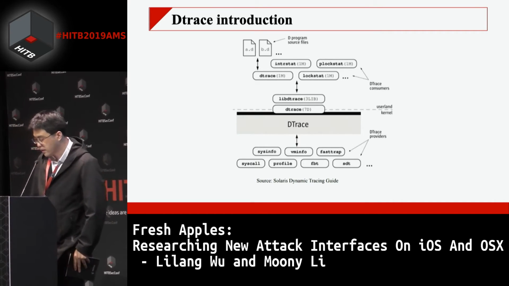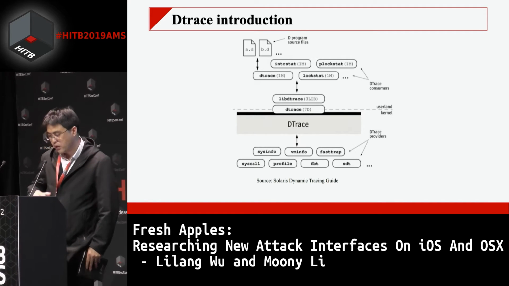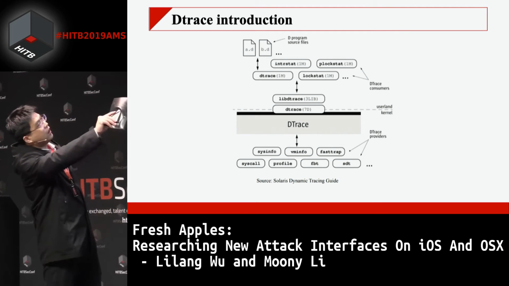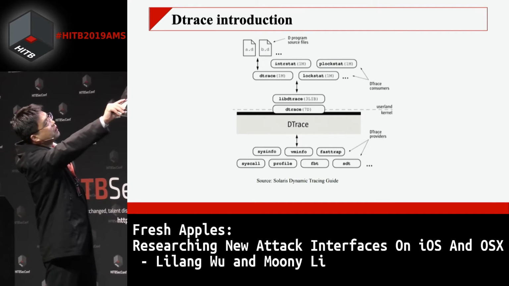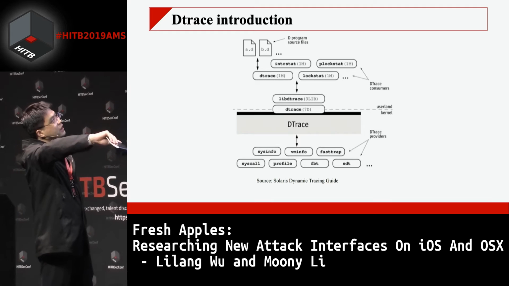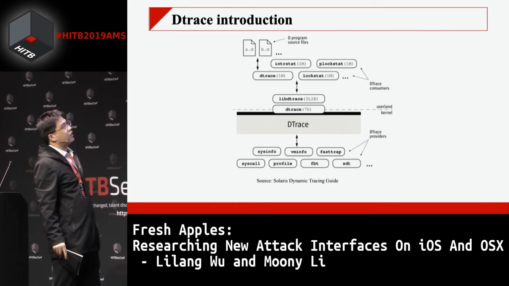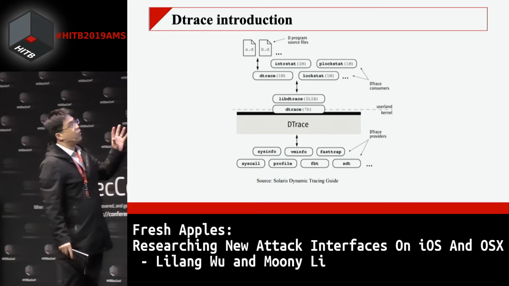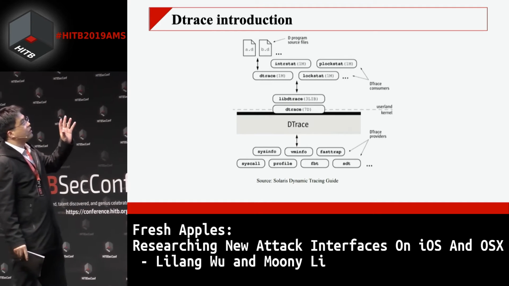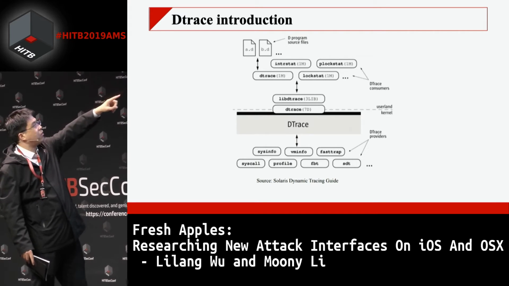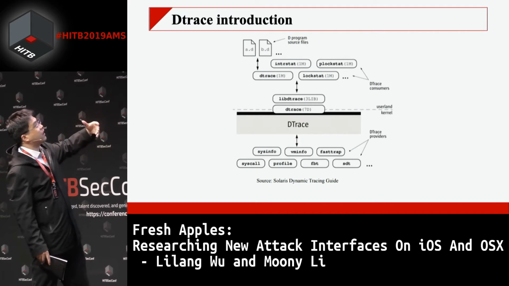As you can see from the architecture above, DTrace is implemented with the DTrace providers in the lower part of the kernel, which support different kinds of sensors, which we call providers in the kernel, such as system information, VM information, system call profile, file system, and so forth.